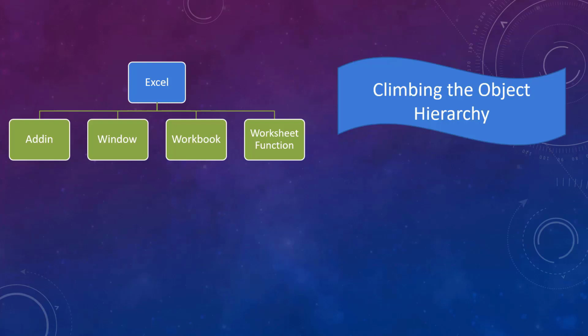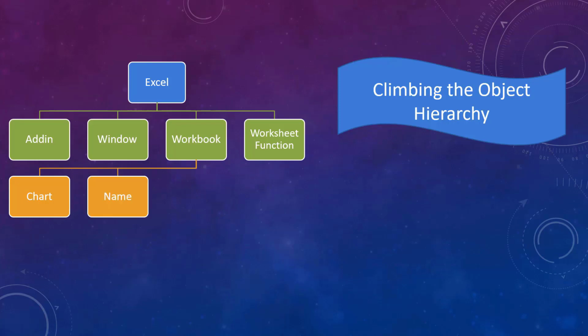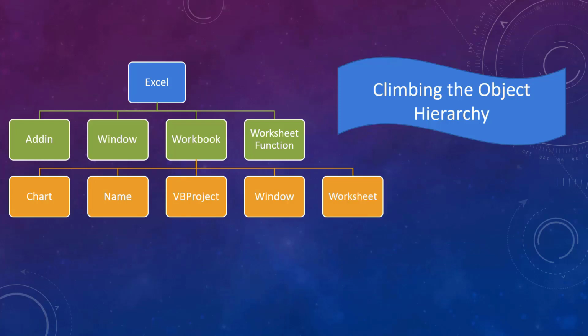For example, the following list of objects can be contained in a workbook object: chart, which is a chart sheet, name, VB project, window, and worksheet. In turn, each of these objects can contain still other objects.